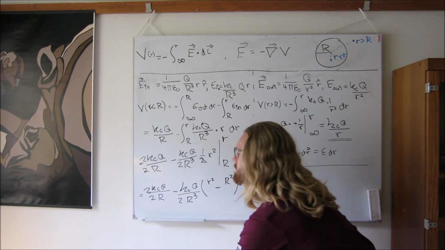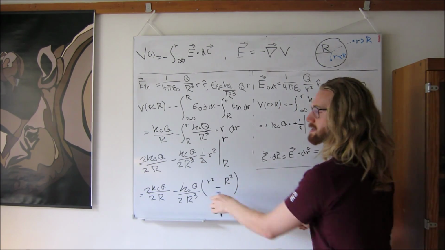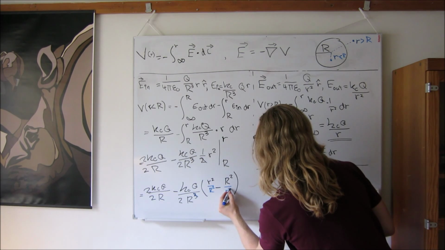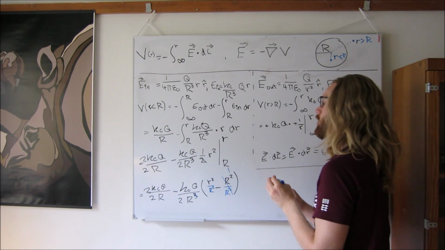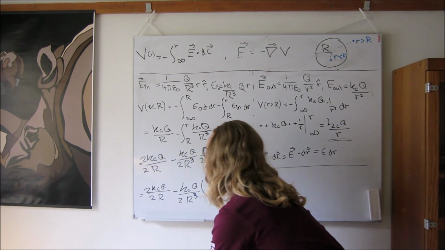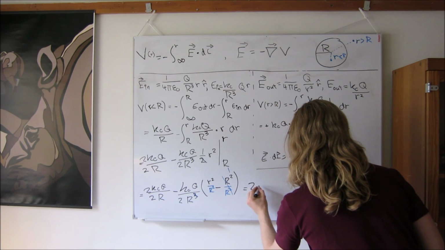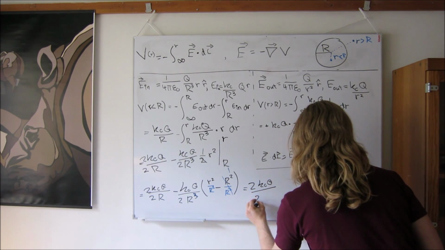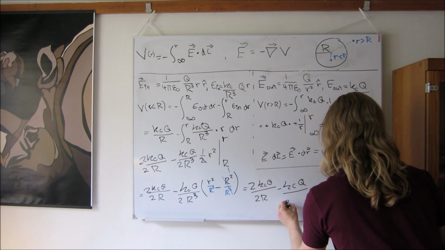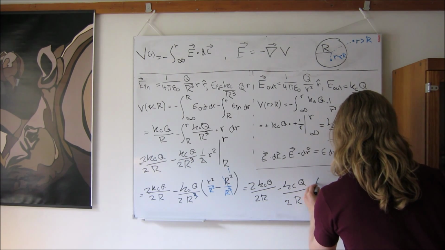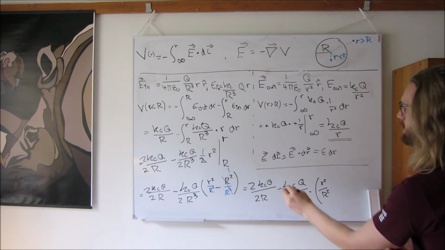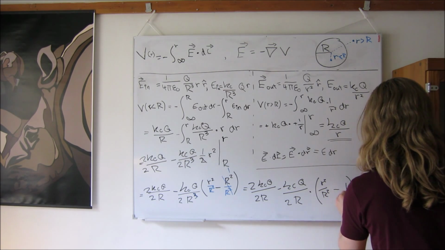And this expression can be simplified because if we take this R cubed and we distribute R squared out here, then this simplifies to 1. Now these two fractions look like each other. So we get 2 times some constants minus the same constants, and then this simplified to a 1.